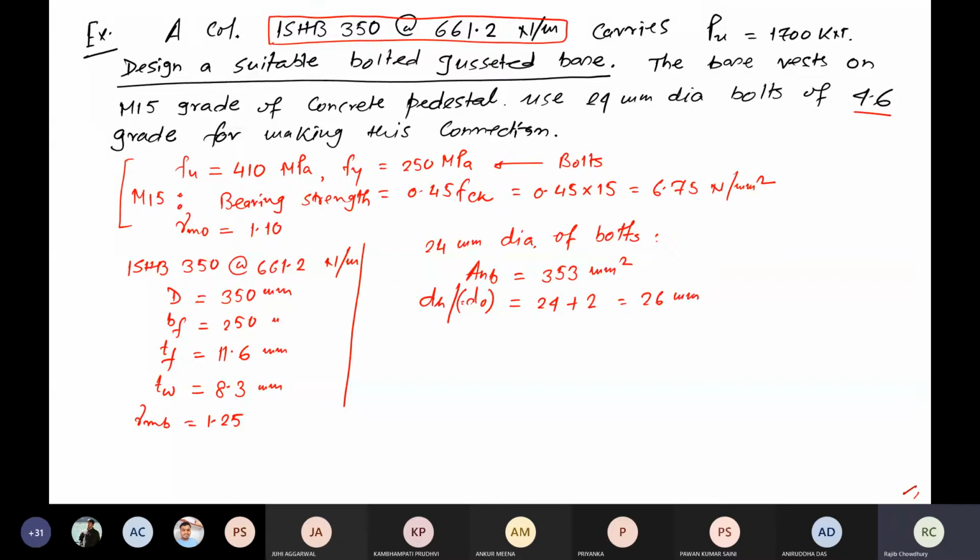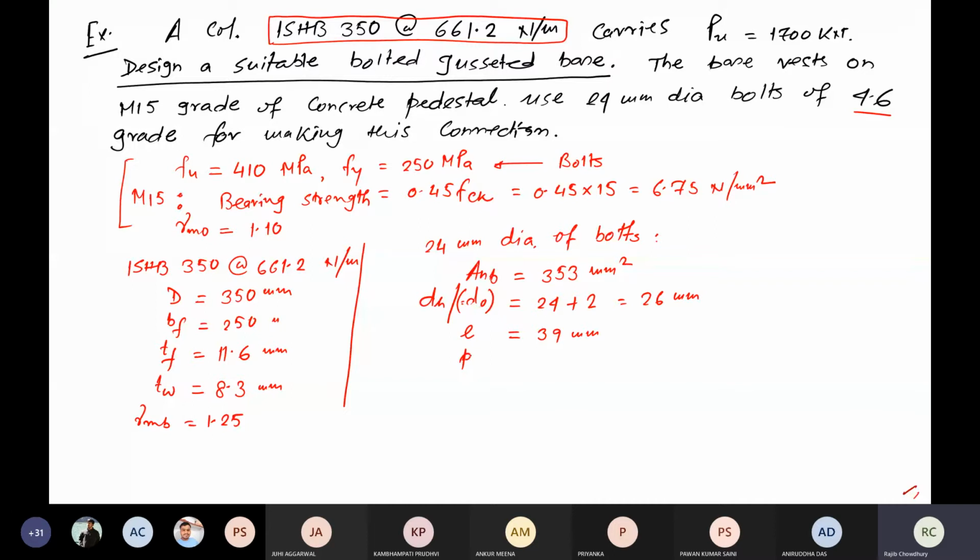I am assuming the end distance, or edge distance, to be 39 mm, and you may consider other values also.